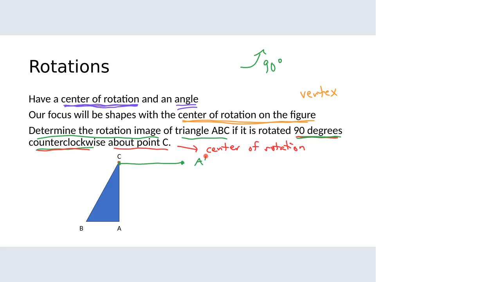Okay, well, what about the rest of it? Okay, I'm with you. So this line segment down here, AB, used to be horizontal. When I rotate 90 degrees, it's now going to be vertical. And so I want to draw about the same length if I can. And so B prime is going to wind up over here.